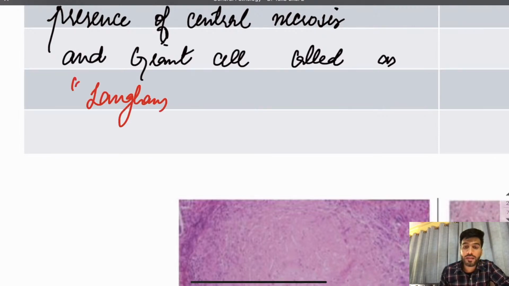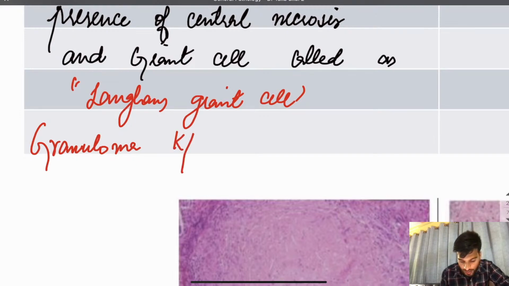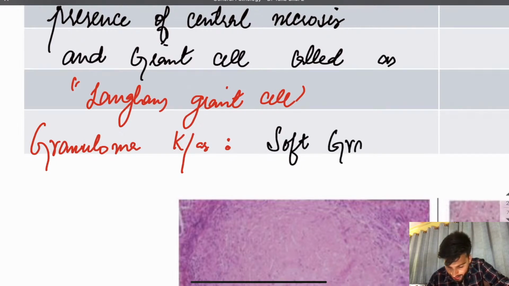And the granuloma is known as soft granuloma.